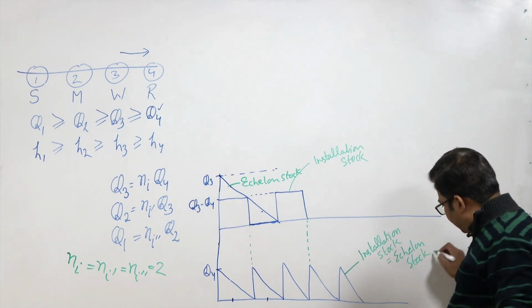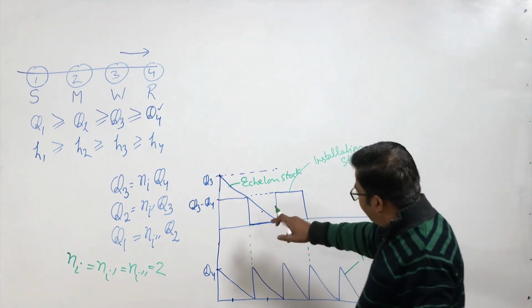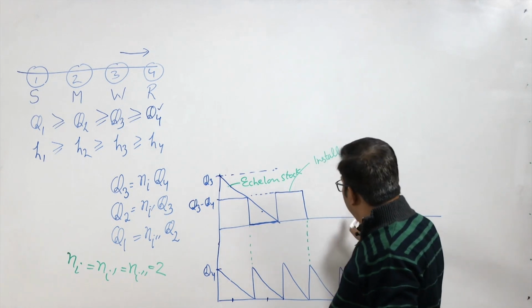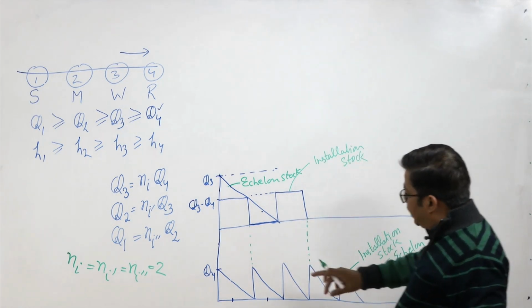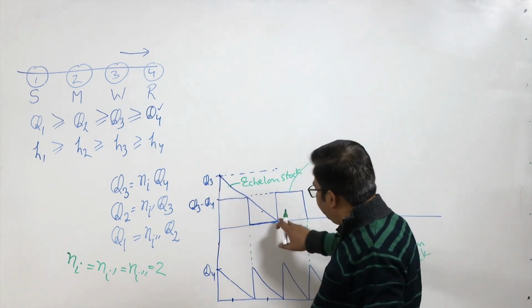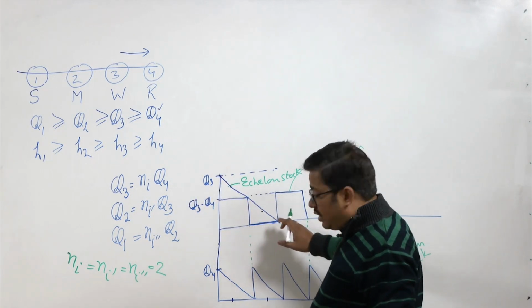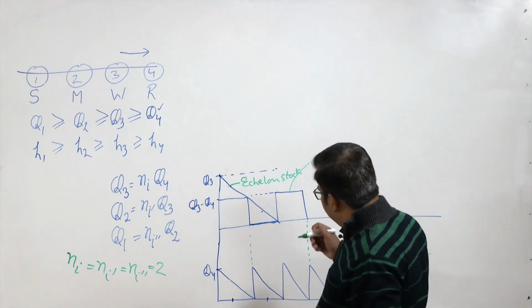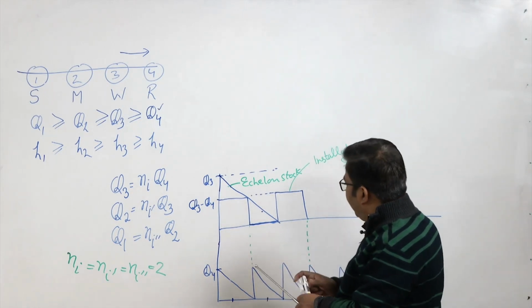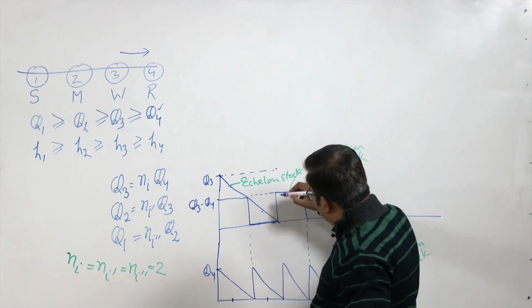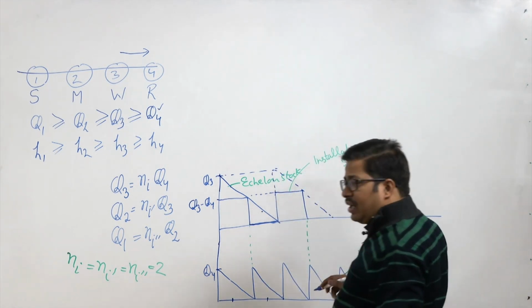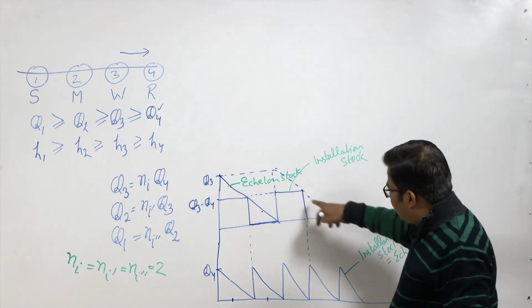It is the same here, but in case of stage 3, these step lines represent the installation stock, while this type of curve, where you have a slant line of consumption, represents the echelon stock. At any cycle you can have this type of curve represented by the dotted lines.